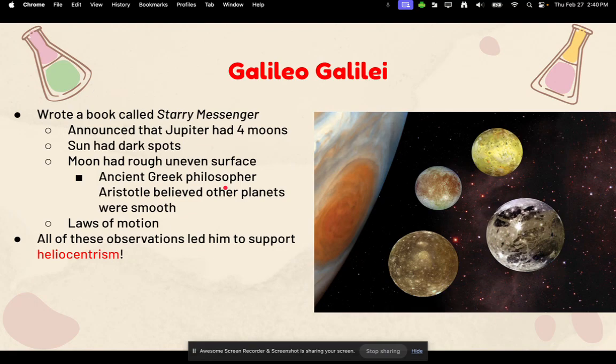Ancient Greek philosophers, such as Aristotle, believed that other planets were smooth. So for him to be able to see through his telescope that the moon was actually rough was a huge revolution. He also put in the laws of motion, and all of these observations led him to support heliocentrism as well.